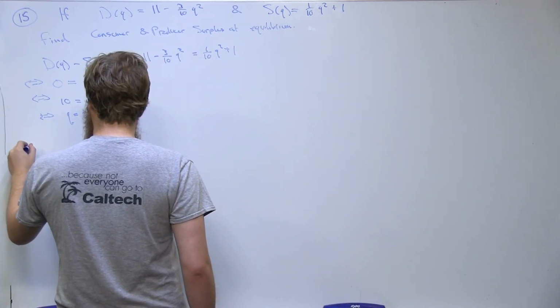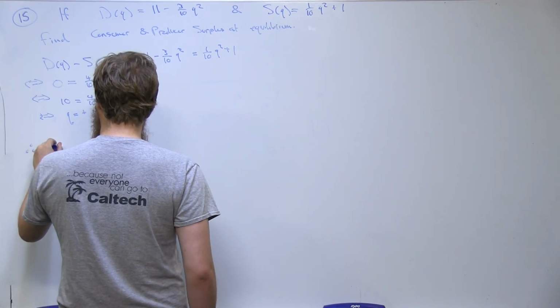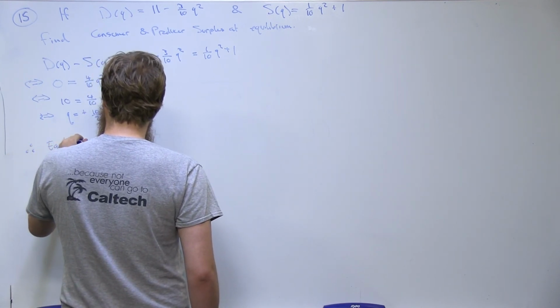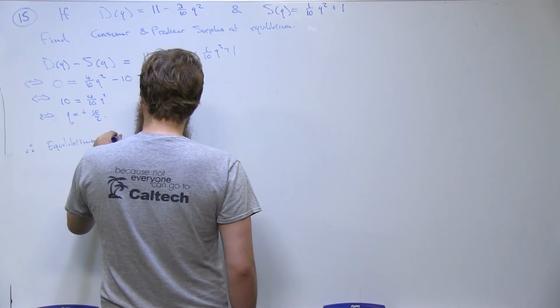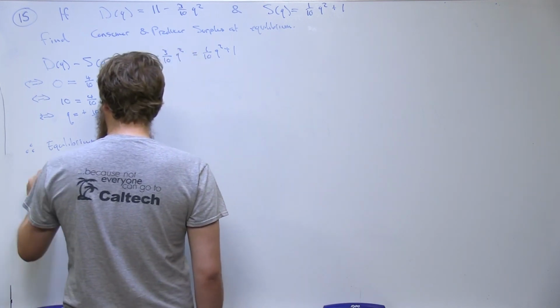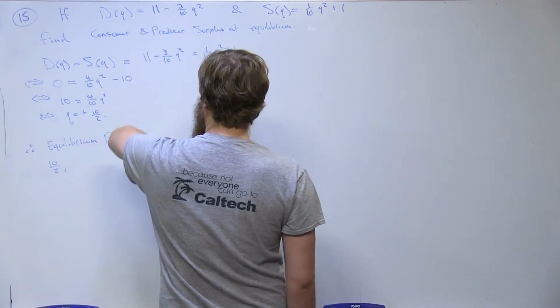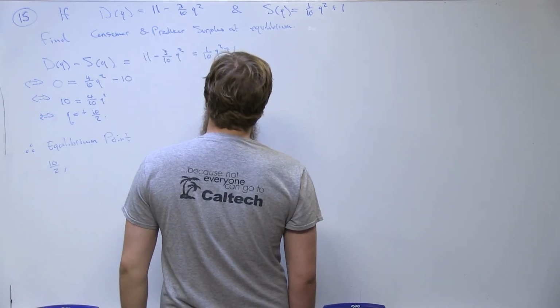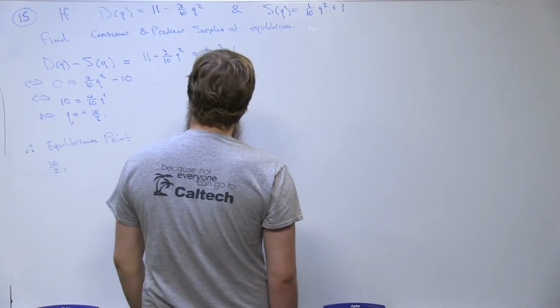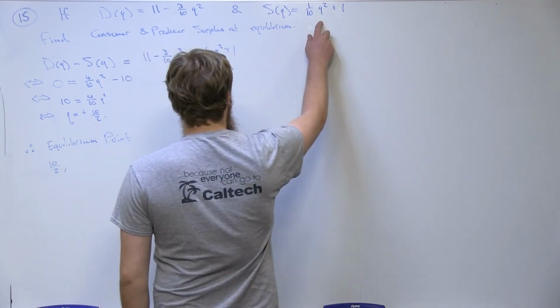So this tells us that the equilibrium point is given by 10 halves, comma, say q of 10 halves, or sorry, say d of 10 halves. Maybe s is nicer, it doesn't really matter. So let's go with s here.